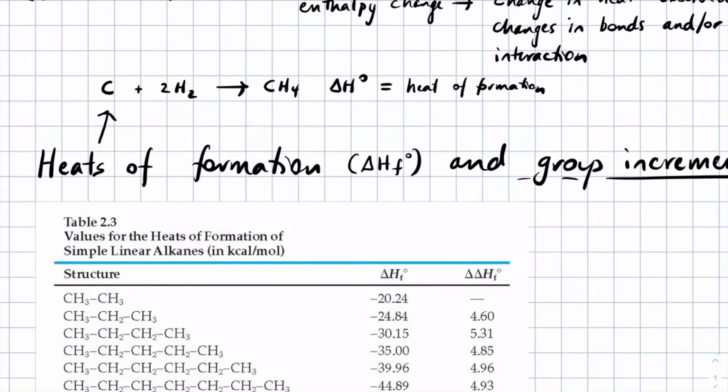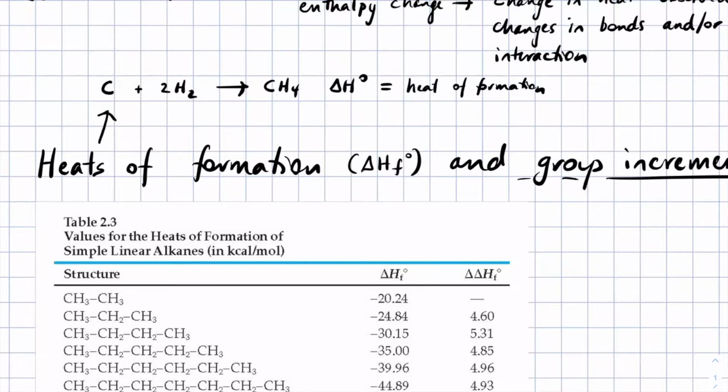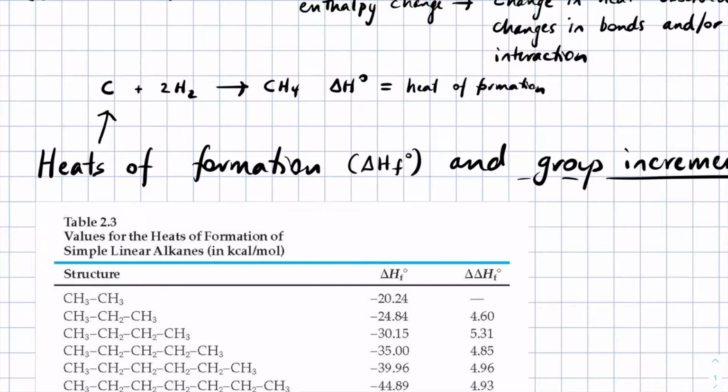And that in and of itself is not that interesting, but if you start making comparisons between these linear alkanes, you notice that for each new CH2 group that you introduce, the heat of formation changes in a predictable fashion.